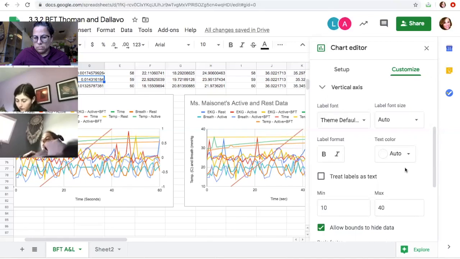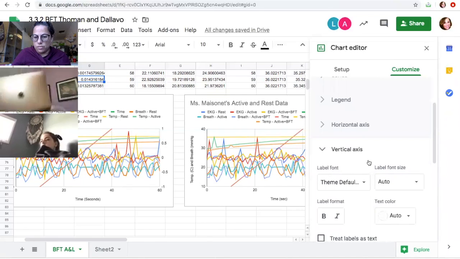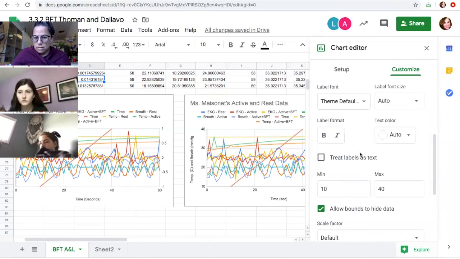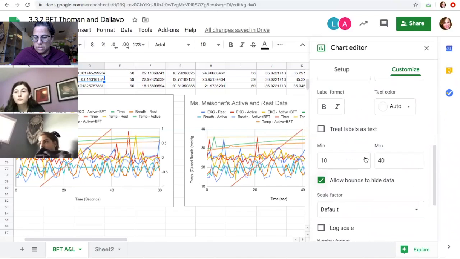After we switch them all to right axis, then we go down to vertical axis and you are changing it. Why won't it just give you the option?